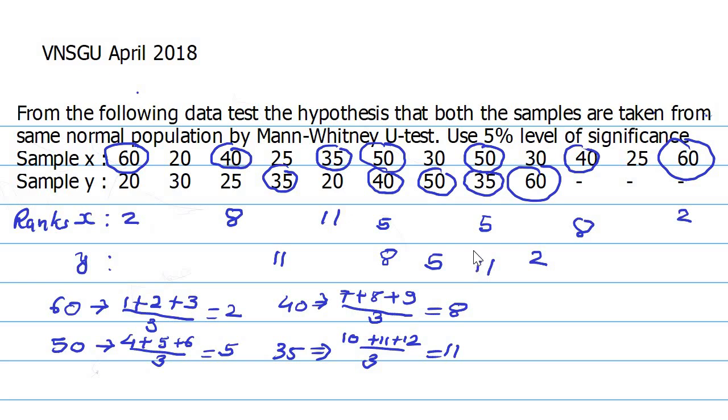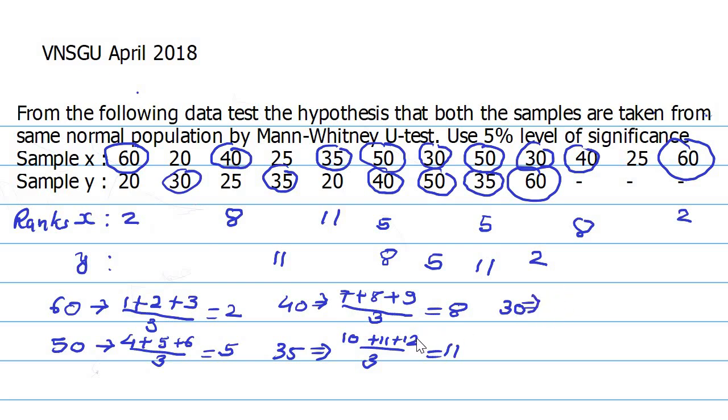Okay. Now the next largest observation is 30, and 30 is also appearing 3 times. Here 30, 30 and 30. So for 30 I will again give the average rank.